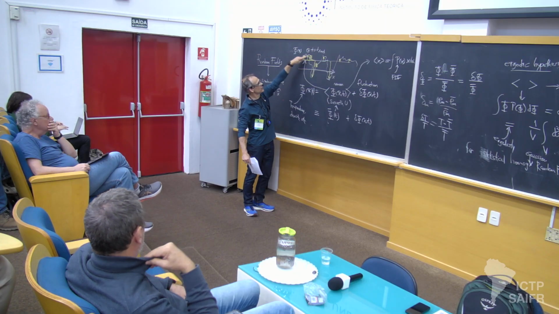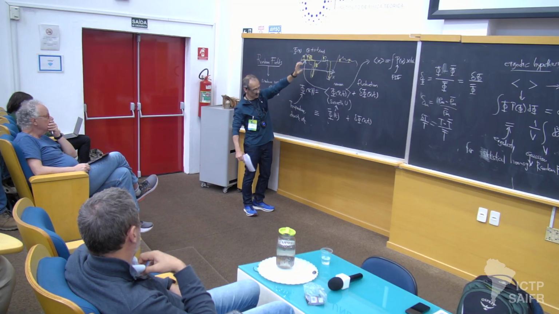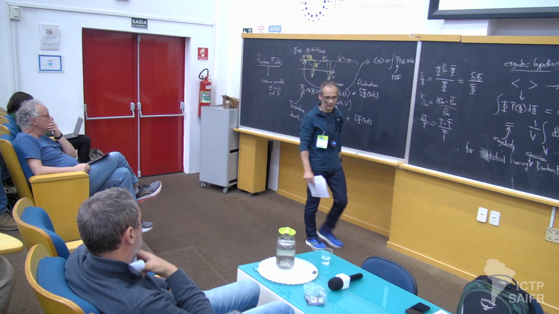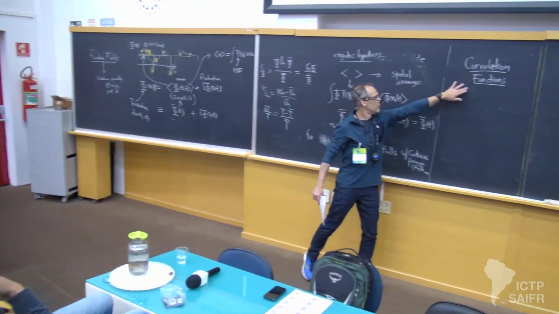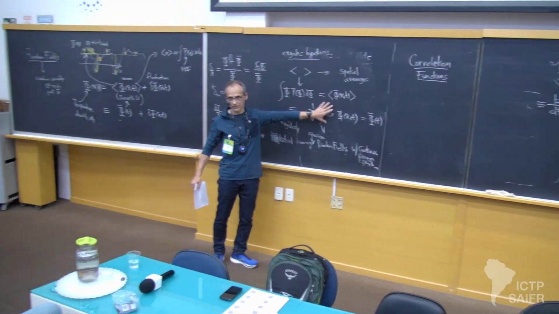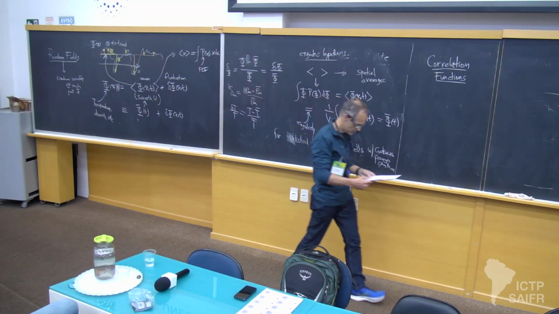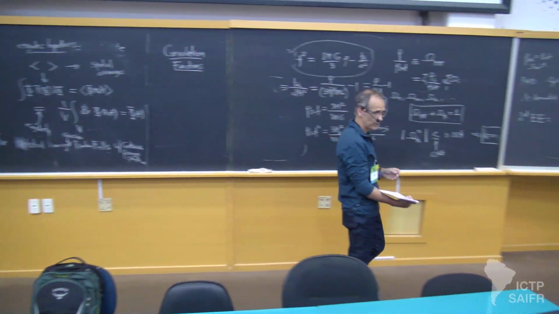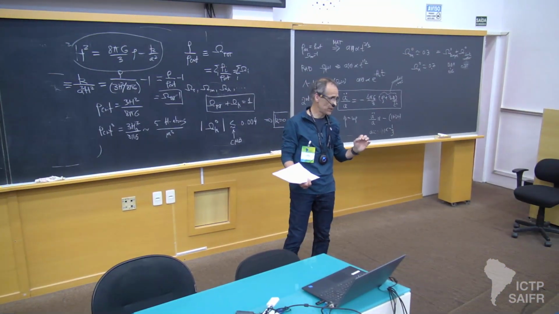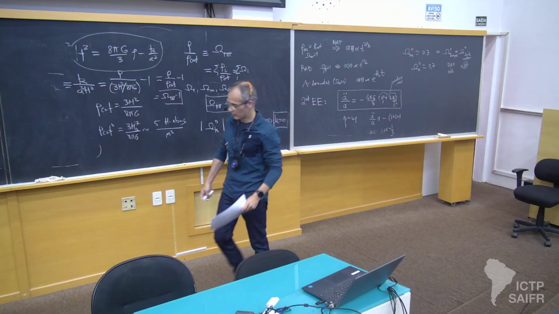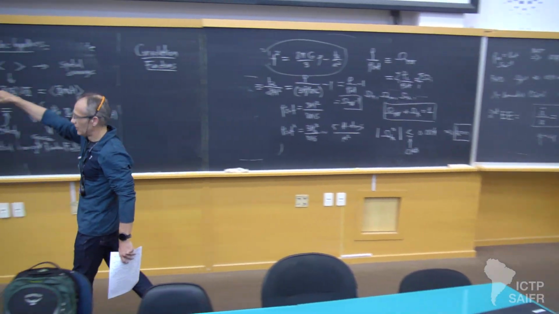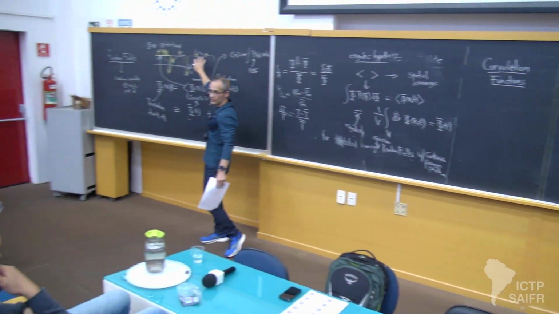So we measure this crazy field, right? But then we build statistical objects, which are these correlation functions, by doing spatial averages, okay? And so those will be deterministic functions of space and time. They will not have these crazy variations that the fields have from point to point.